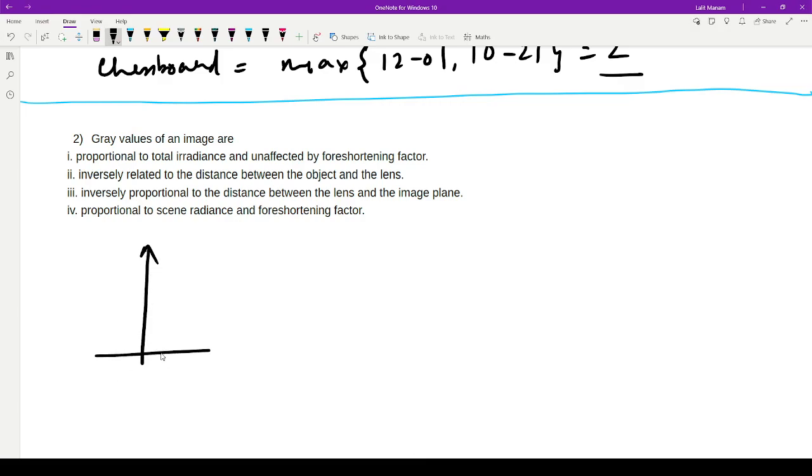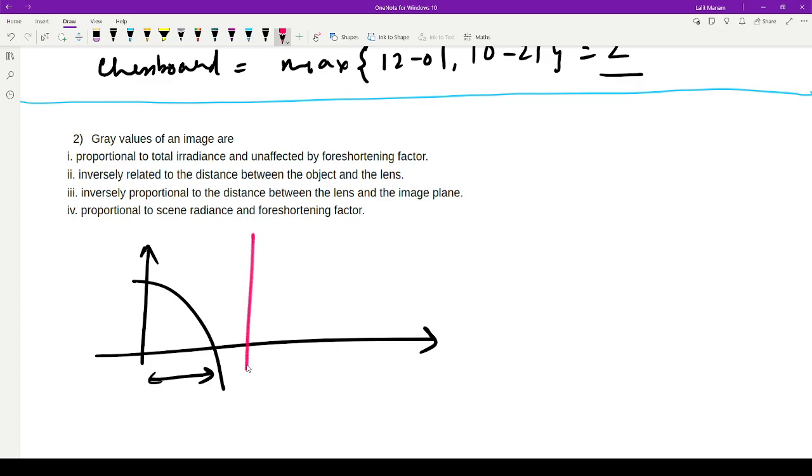I'll just use a good old blackboard style illustration. So assume that this is a unit sphere or any sphere out there. Given this specific line, I place an object here. It's an infinitesimally small object.